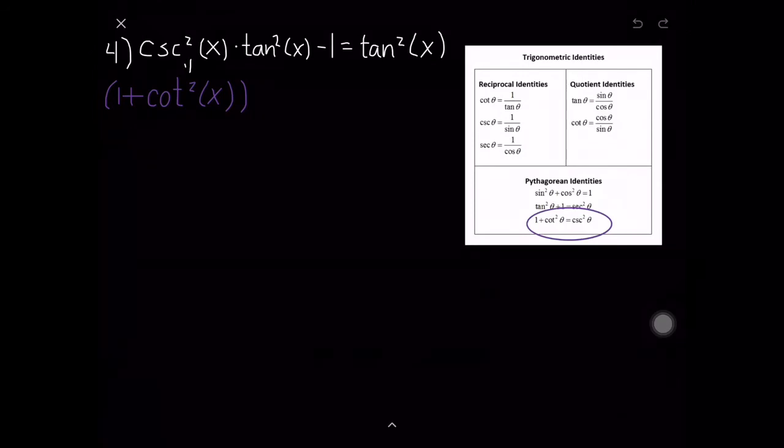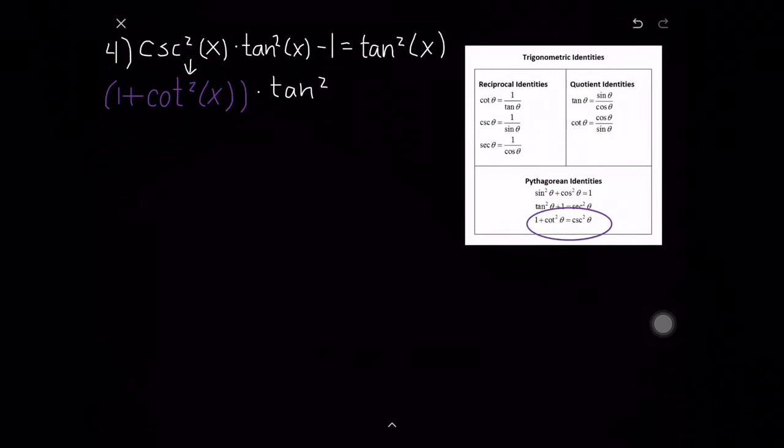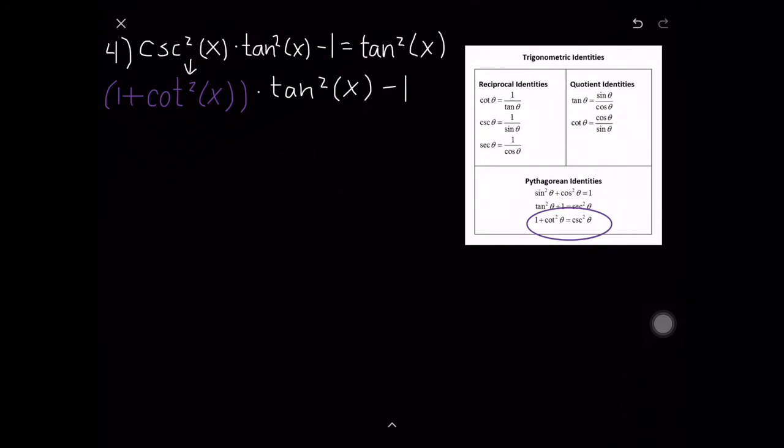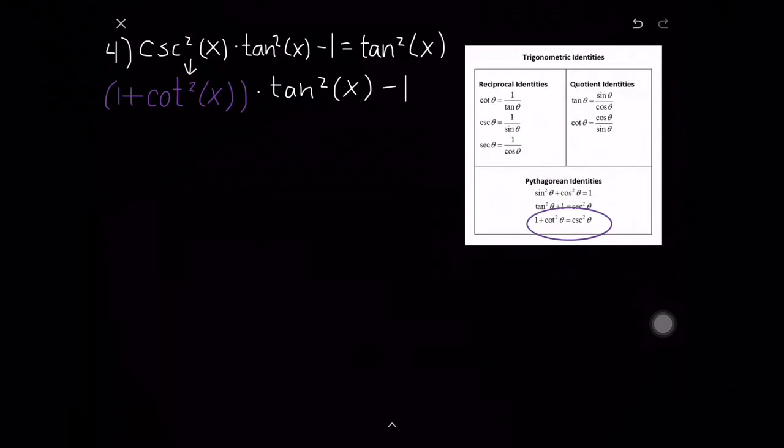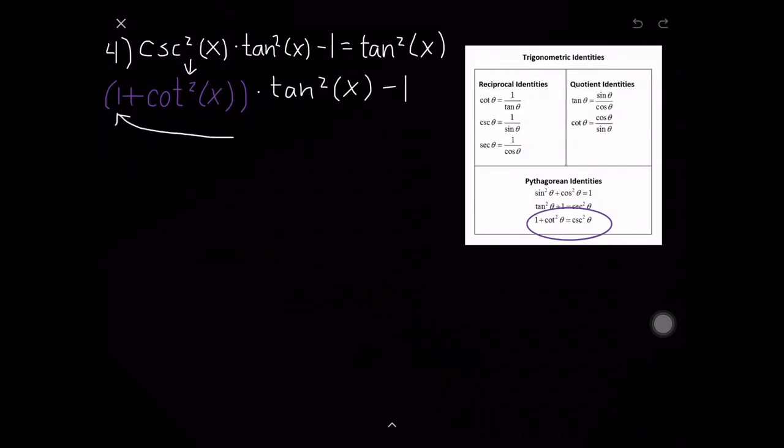Then we write the squared tangent of x minus 1. And what we can do now is multiply squared tangent of x by 1 plus squared cotangent of x. So 1 by squared tangent of x equals squared tangent of x.